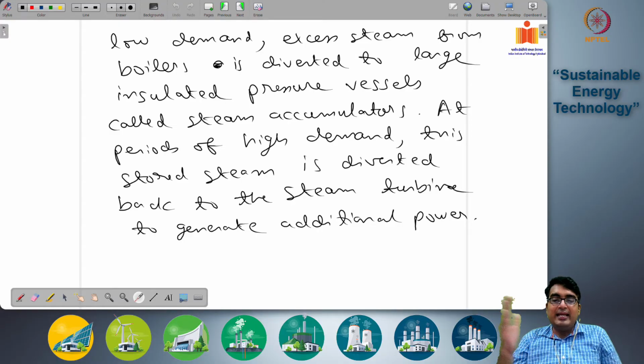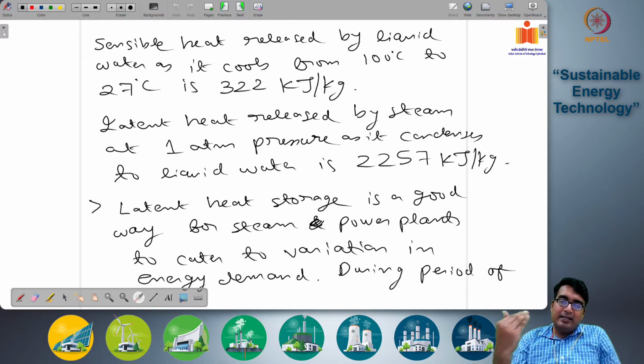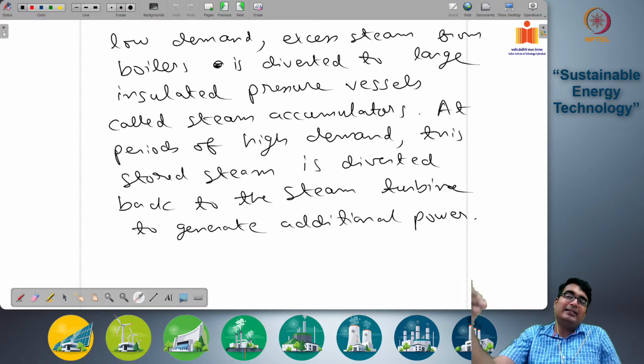Okay, so in any of these cases, if you want to make it possible that the steam power plant is increasing its electricity supply when the demand from the grid is high and lowering its electricity supply when the demand from the grid is low, storing steam during times of low demand in these accumulators and using that steam to generate excess electricity during periods of high demand is a good economic way of demand supply matching.